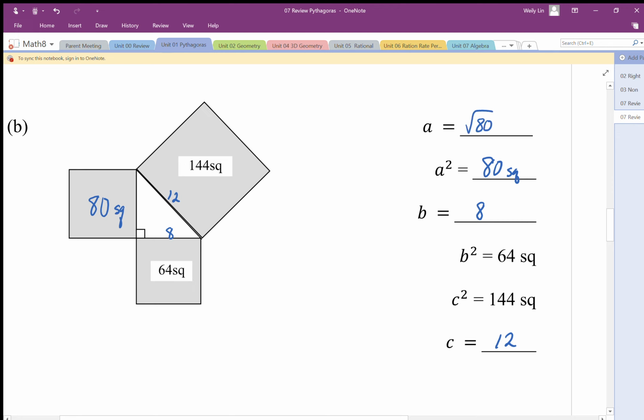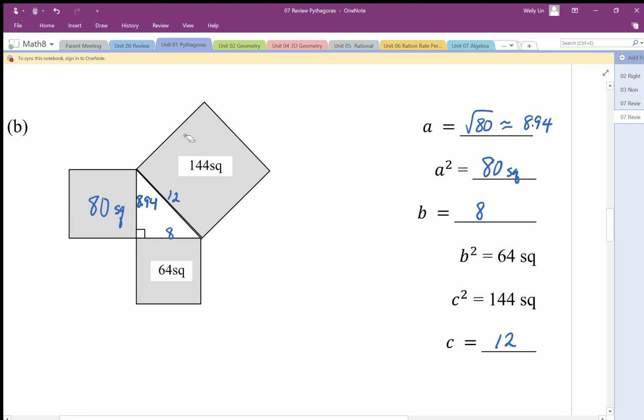So I can show it exactly as square root 80, or I can give it approximate decimal as 8.944. So I'm going to leave that as 8.94. So that length is just a little bit longer than that length there, and it should be because this square is a little bit bigger than this square here.